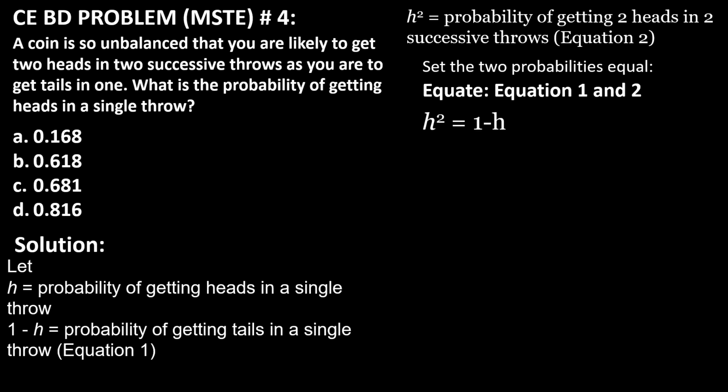We have formed now an equation: h squared is equal to 1 minus h. And then, by reforming the equation h squared equals 1 minus h to a general form, we can then have h squared plus h minus 1 equals 0, in the form of a quadratic equation.